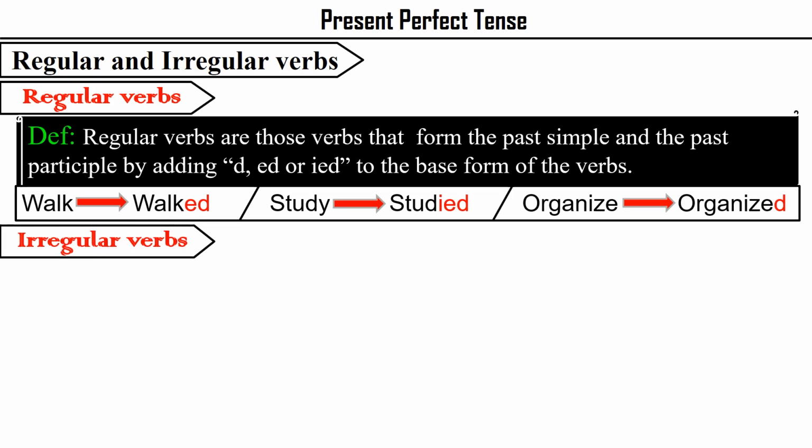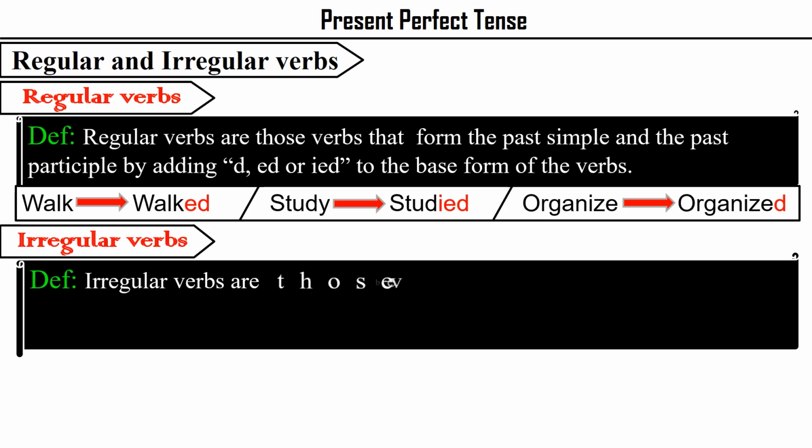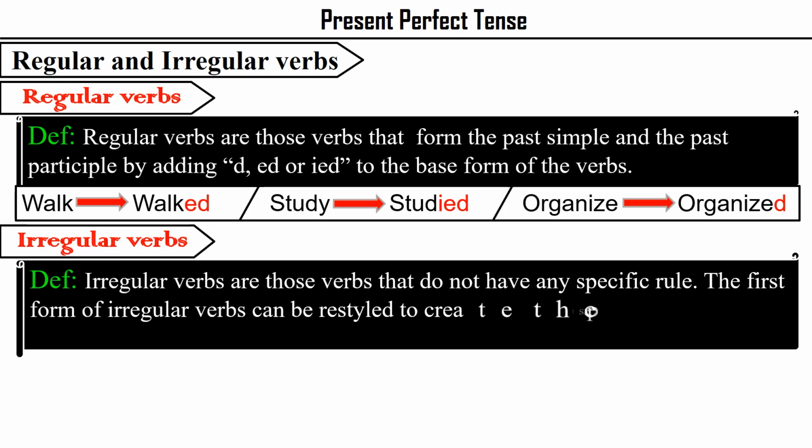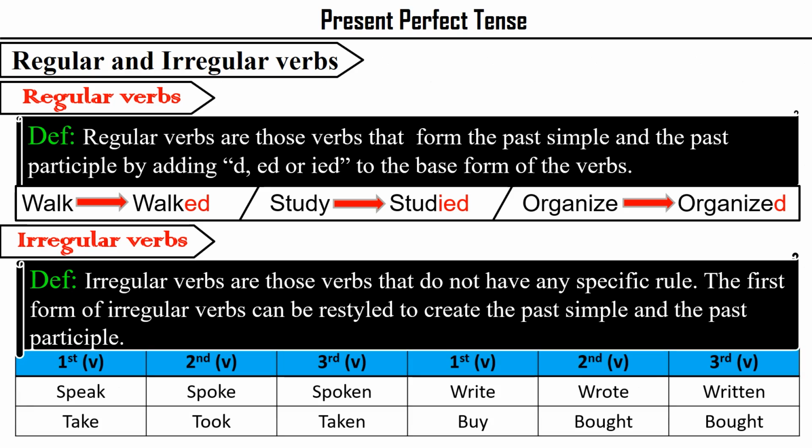And irregular verbs are those verbs that do not have any specific rule. The first form of irregular verbs can be restyled to create the past simple and the past participle. For example, the first form of the verb is speak, the second form is spoke, and the third form is spoken.